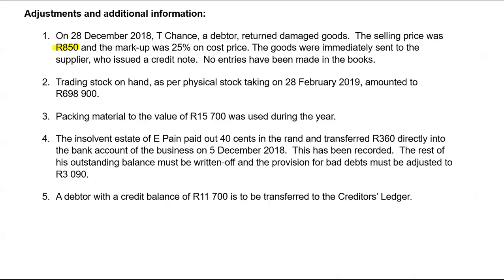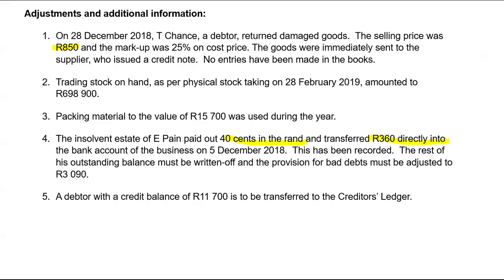Let's move on. The insolvent estate of Payne paid out 40 cents in the rands and transferred 360 directly into the bank account of the business on the 5th of December 2018. This has been recorded. So the 370 has been recorded.